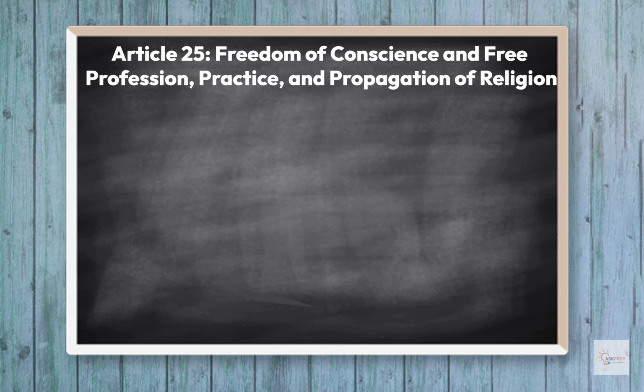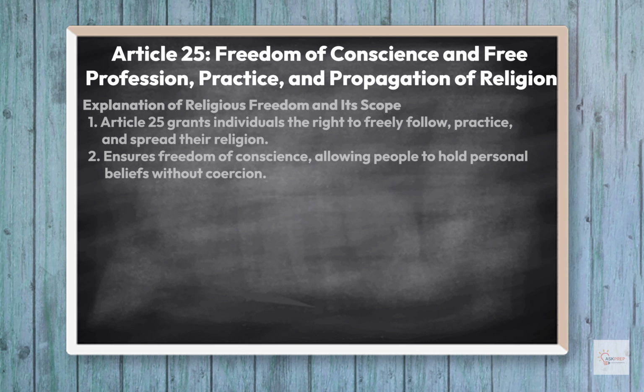Now let's talk about the second point: Article 25, Freedom of Conscience and Free Profession, Practice, and Propagation of Religion. Explanation of religious freedom and its scope. Article 25 grants individuals the right to freely follow, practice, and spread their religion.